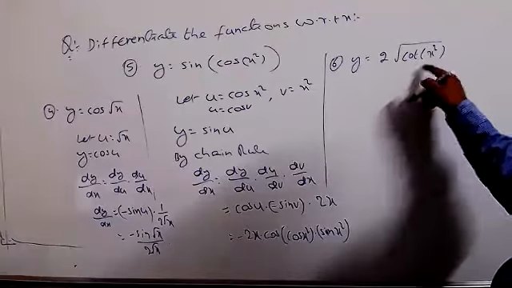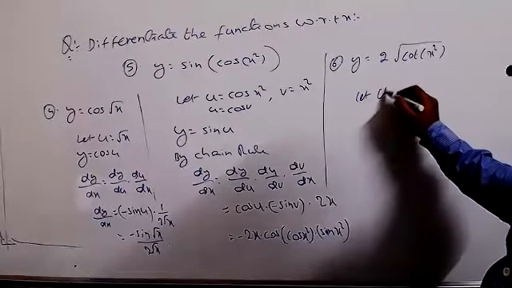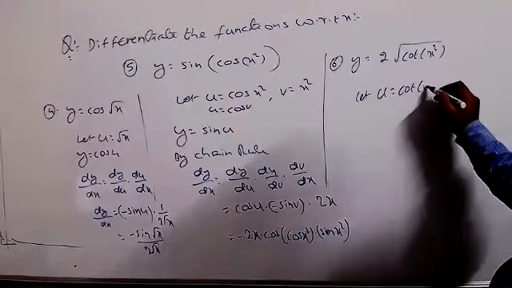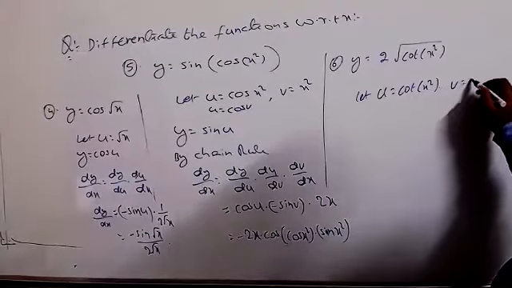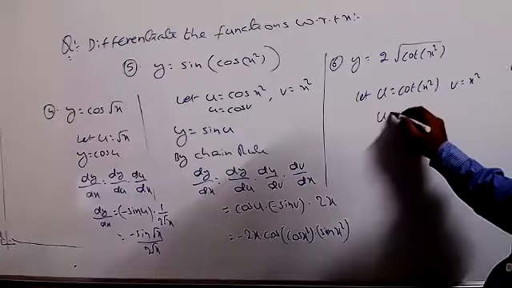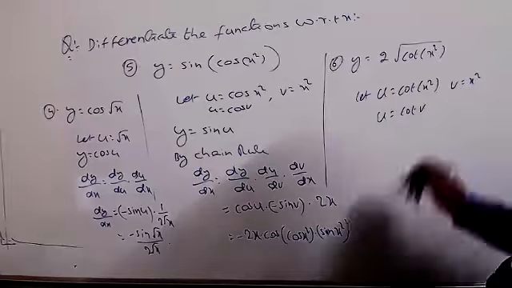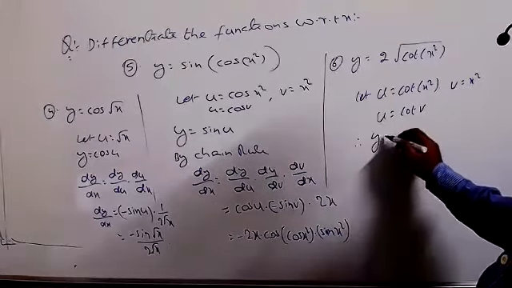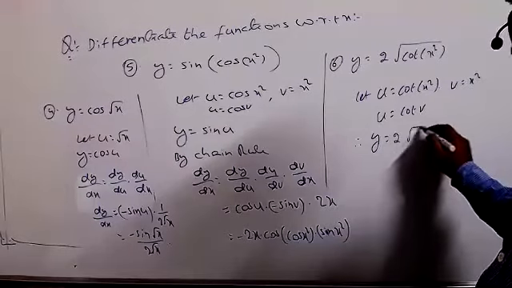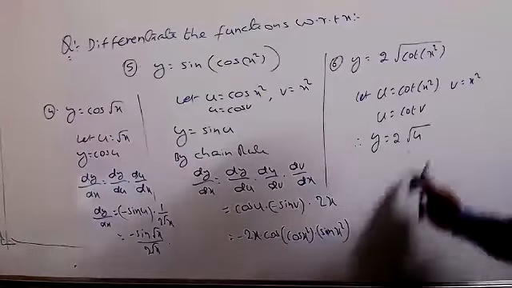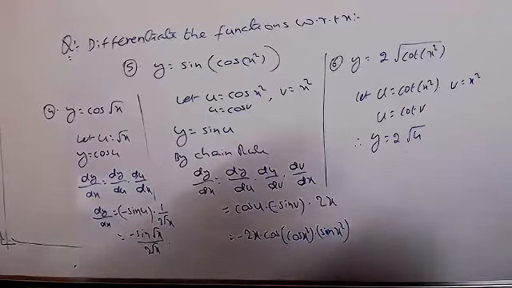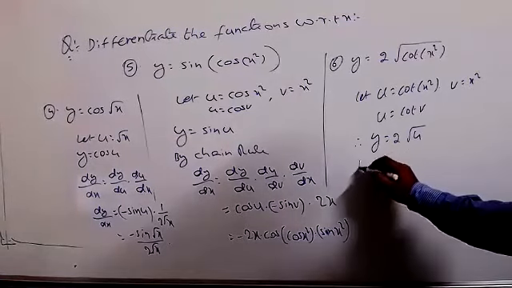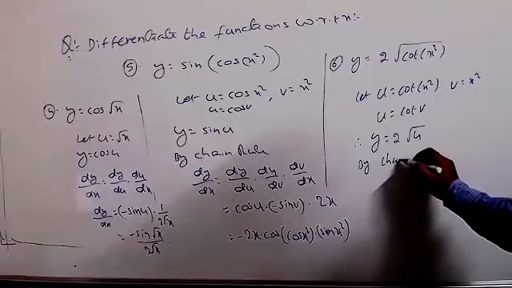Let u equal to cot x square, and v equal to x square. That means u equals cot v. Therefore the value of y is 2 into root u. Again, you can write it by the chain rule.